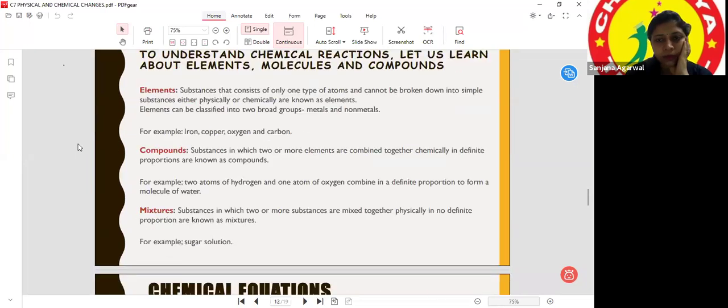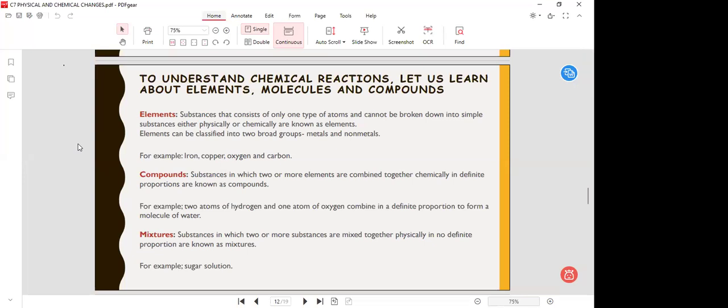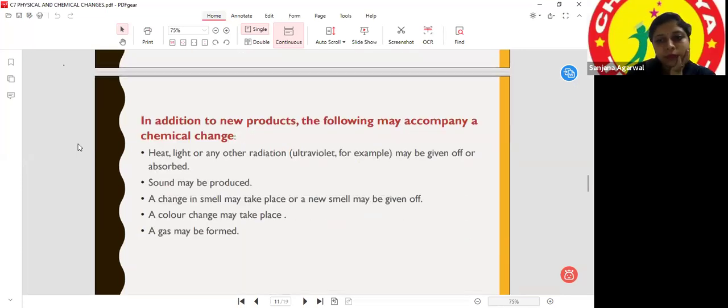Okay. After chemical reaction, to understand chemical reaction, let us learn about elements, molecules, and compounds. Can anyone tell me what are elements? First, only this word, element. What are elements? Anyone?